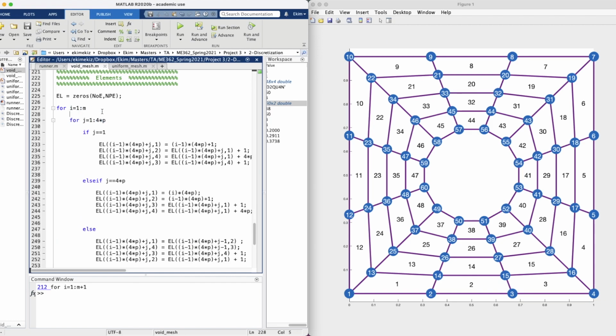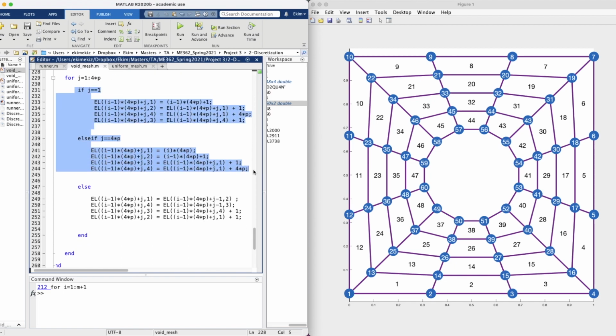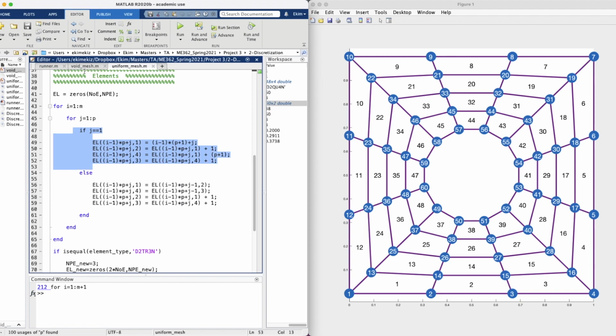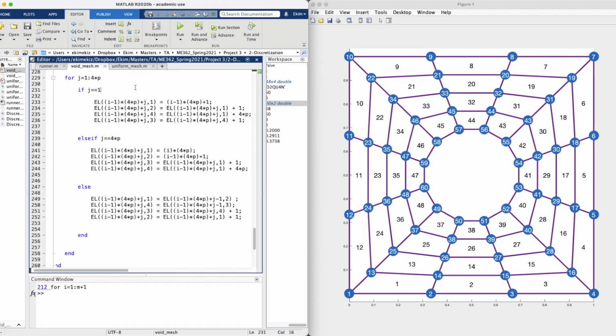So we have that. And then we have two if conditions now. The first one, as it did here, checks if the element we are looking at is the first element of the specific row. Okay, so then using the information of the first element, you will calculate the other elements. But the difference here is that we have a second if condition, and it checks whether the element you're looking at is actually the end of the specific row.